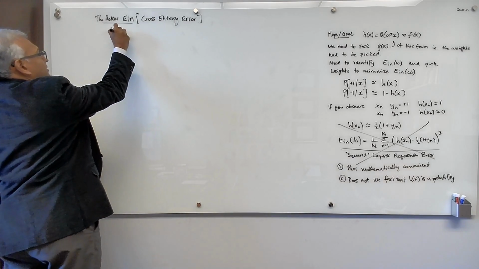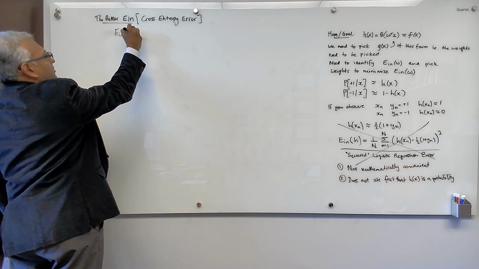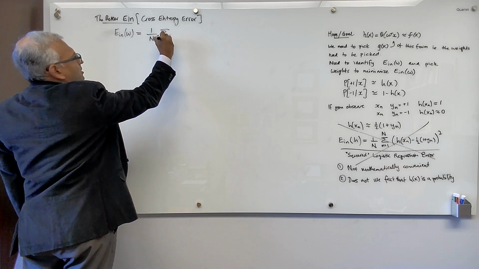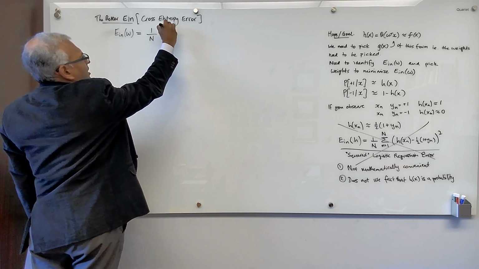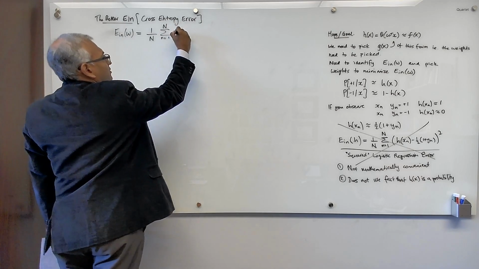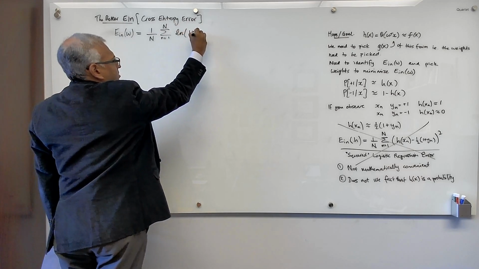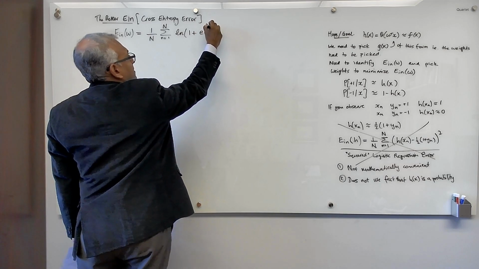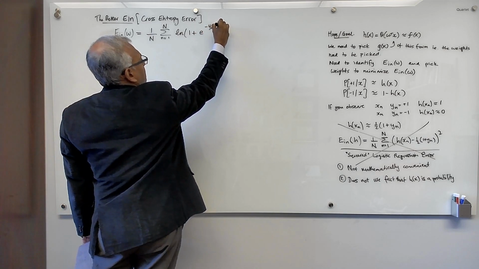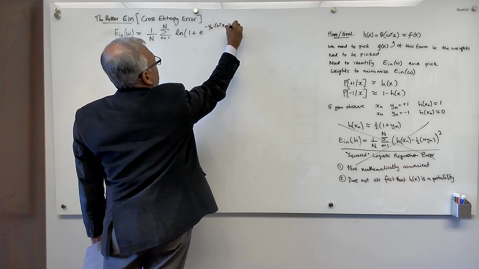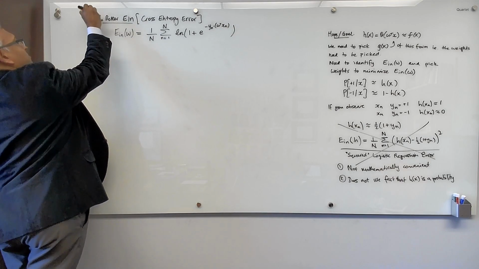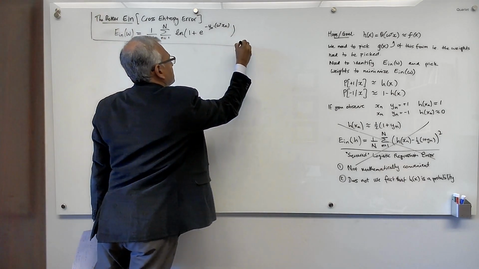E in of W is 1 over N times the sum from n equals 1 to big N of the log of 1 plus e to the minus yn times W transpose xn. That is the cross-entropy error. I'll put it in a box.